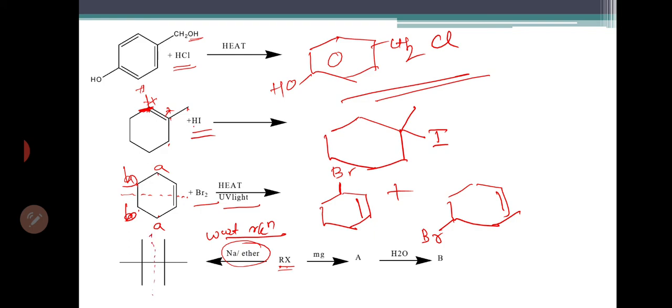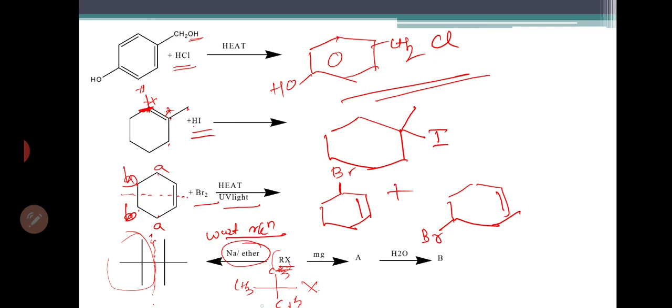What you do is, whatever product you are getting, divide it into two equal halves, where each half represents the alkyl group of your halide. So if you divide this into two, this is your R. This one is your R and X. All of these are CH3, CH3, CH3, and this is X.